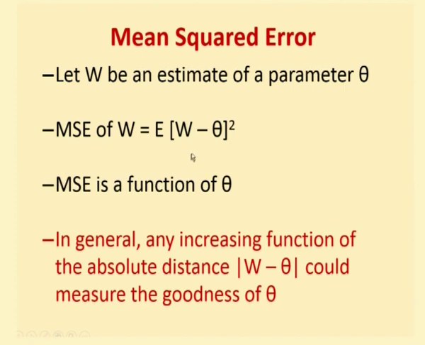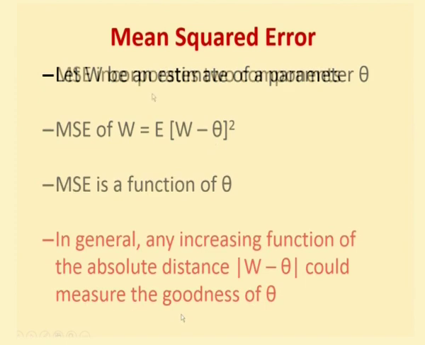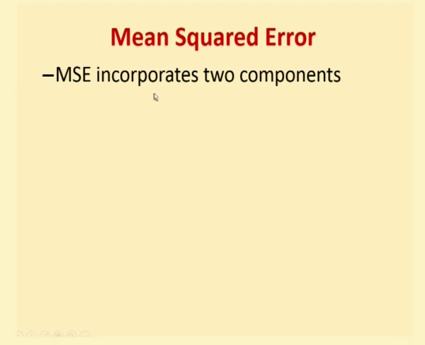So, how are bias and this mean square error connected? As I told you, this MSE will have a component with the help of bias. Now, we try to understand how it is going to be.